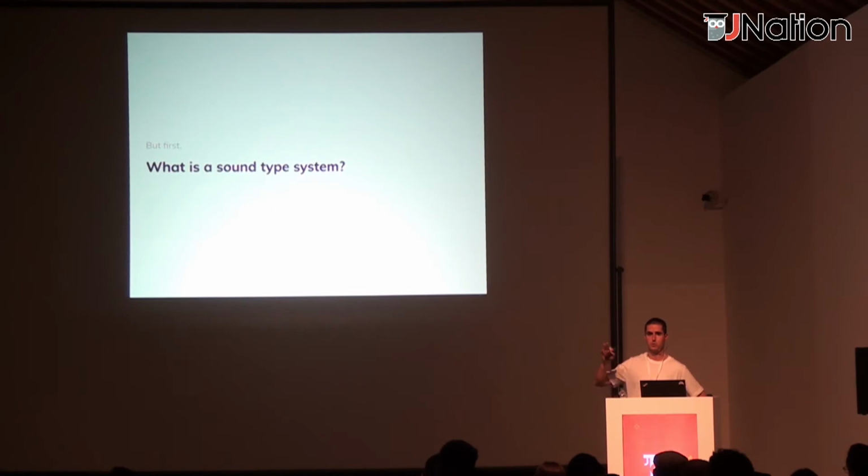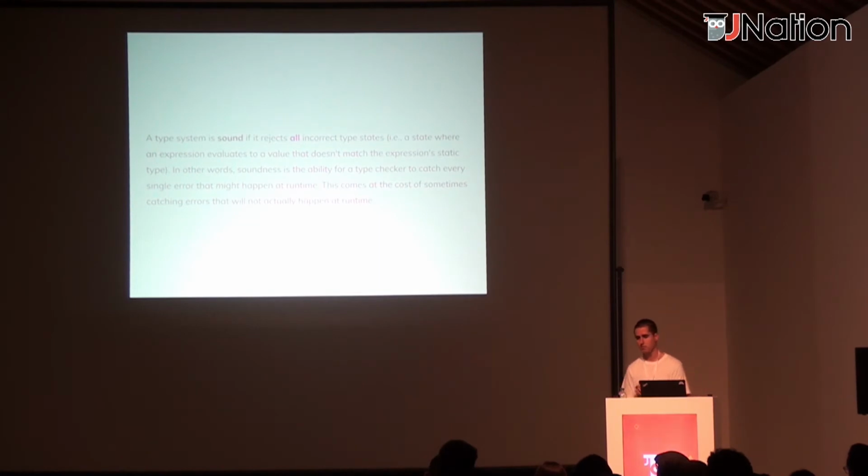Is anybody here familiar with the concept of a sound type system? All right, so a sound type system is one that basically catches all runtime type errors. It's a type system where all the static types of all expressions and all variables correspond to all the dynamic types that they can have at runtime.